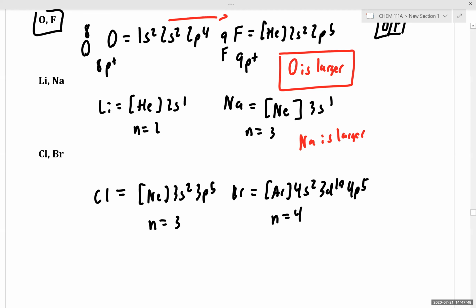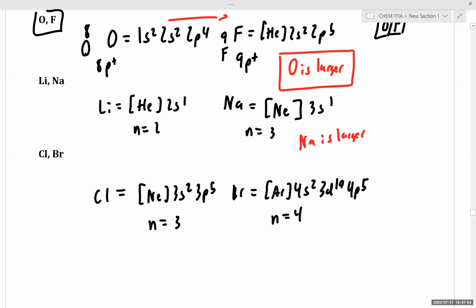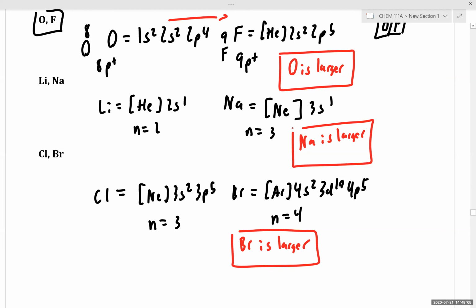Bromine, exactly right. Bromine is farther down in the periodic table, and as a result, it has a larger atomic radius. So as a result, bromine is larger. Perfect. Any questions on these examples?